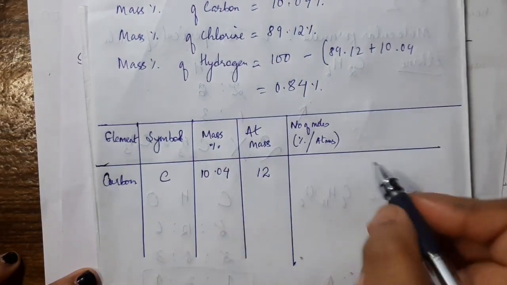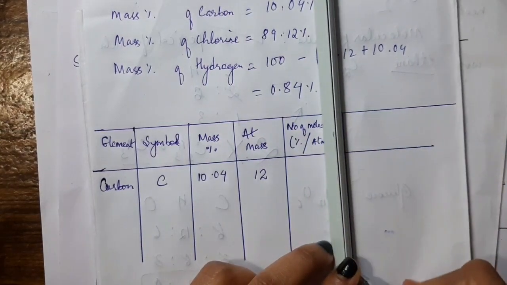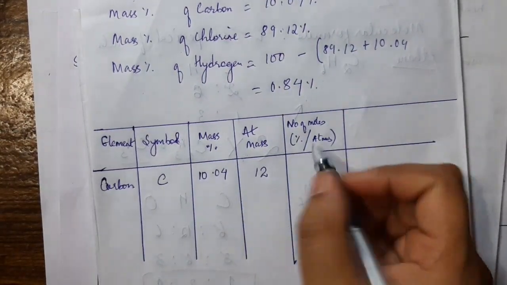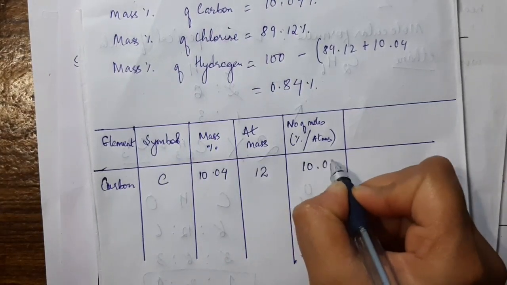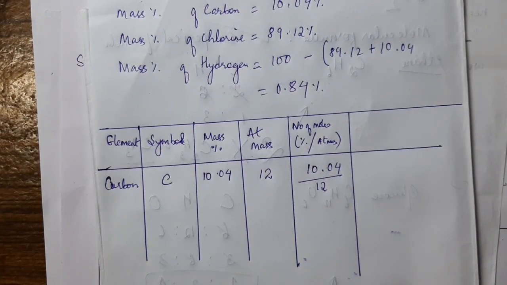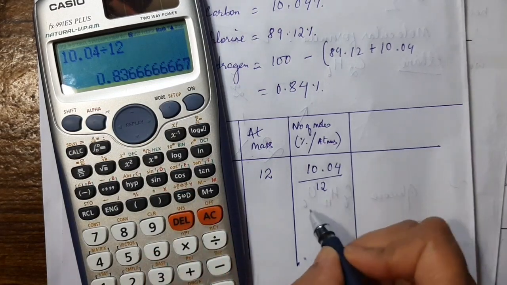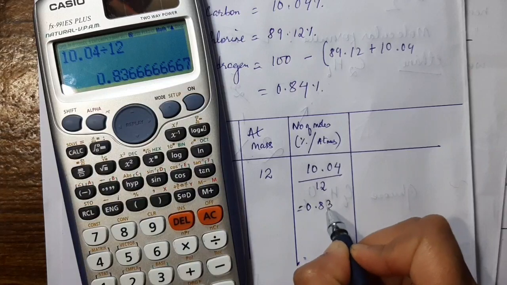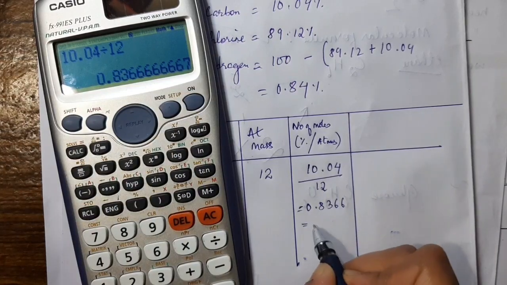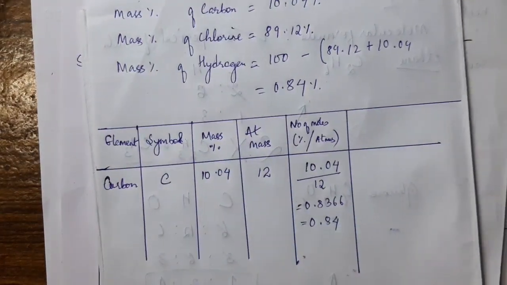So 10.04 divided by 12 will give us 0.8366. Up to 2 decimal places, I can write 0.84. So we got this much.